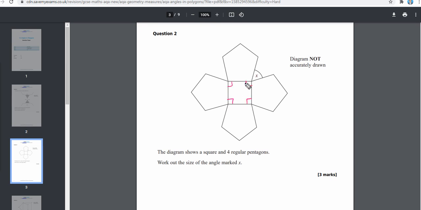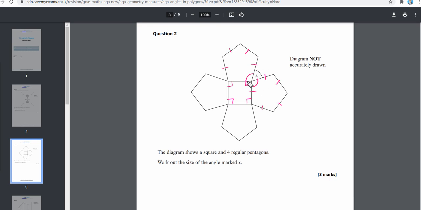These pentagons are regular pentagons, which means that all the sides of these pentagons are equal. So from here we will use the formula for finding the angle in the pentagon, and we will work out this angle, and similarly we'll work out this angle. Then we will use the sum of angles around a point equal to 360, and from there we'll get the value of X.